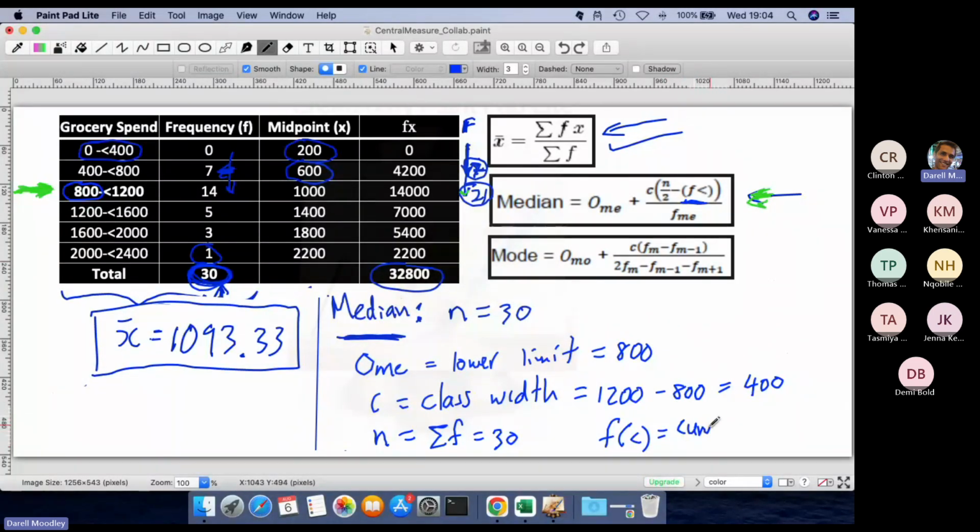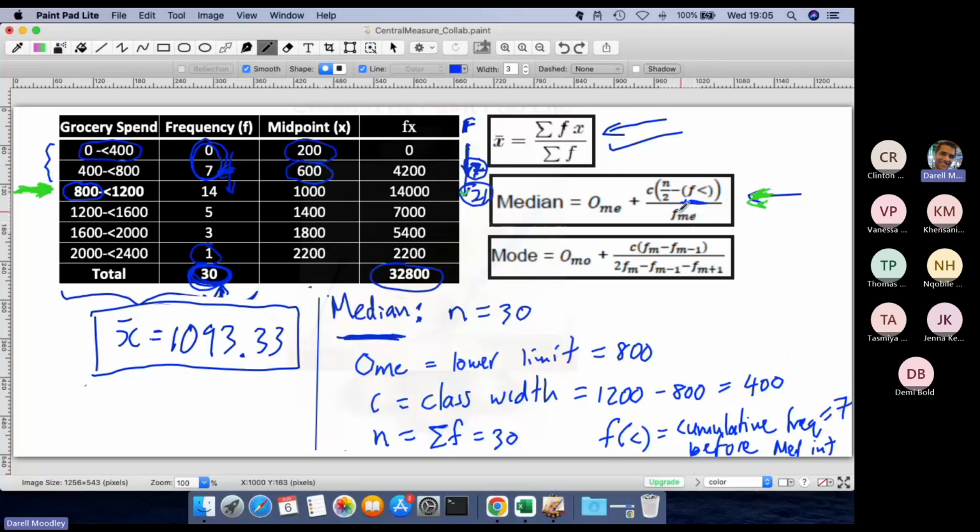So it's the cumulative frequency before the median interval. So what I mean is, if you look at all the frequencies before the median interval, which is just 0 and 7, add them up. So it's 0 plus 7. So in this example, it's 7.